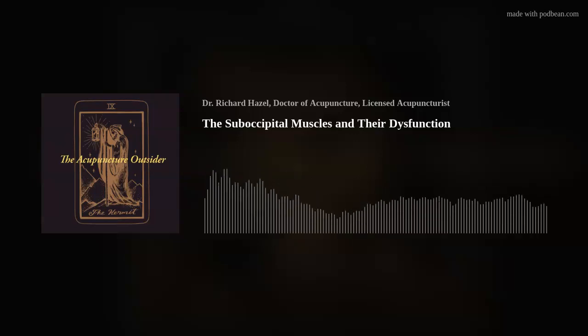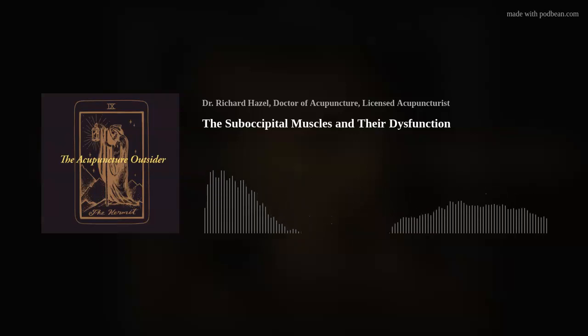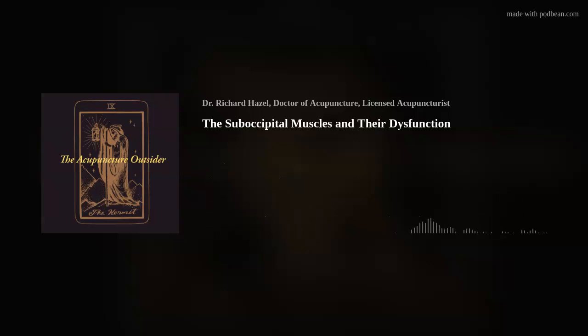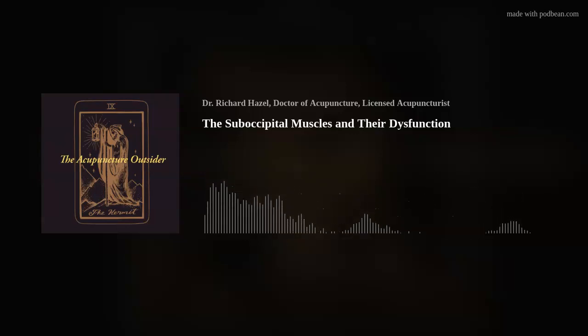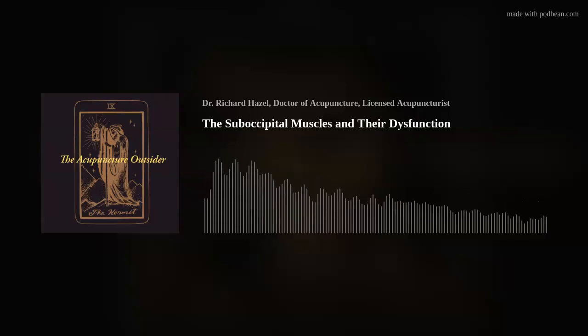Now, there are some other things to talk about with these muscles. The rectus capitis posterior major, that's the one in the back, and the obliquus capitis inferior share fascia that is attached to the back of the dura mater of the spine.